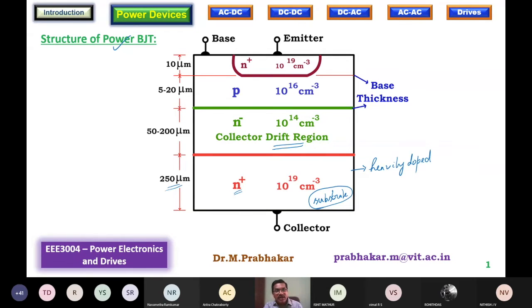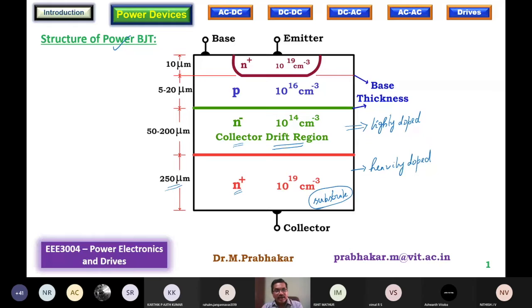It is sometimes called the collector drift region as well. This is lightly doped. Obviously, you can again check that the drift region will always be lightly doped. When you have light doping, the depletion layer can penetrate inside. And only when the depletion layer penetrates inside, the voltage blocking capability will be enhanced.